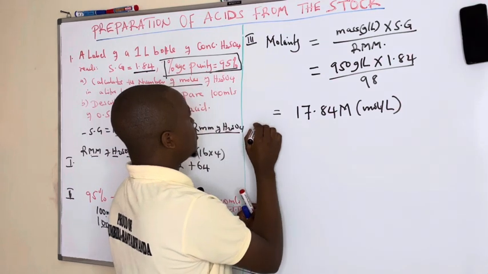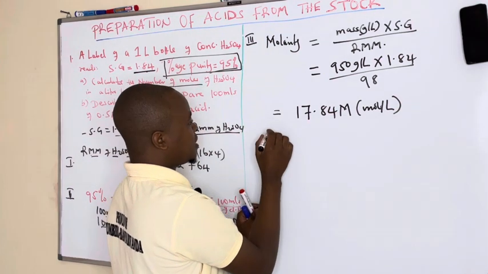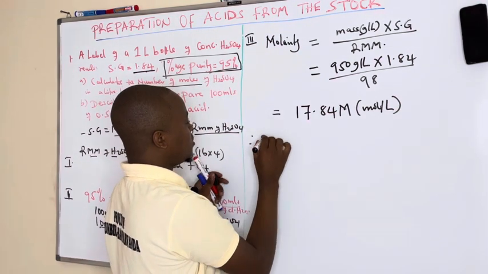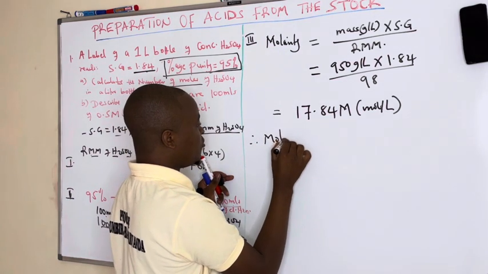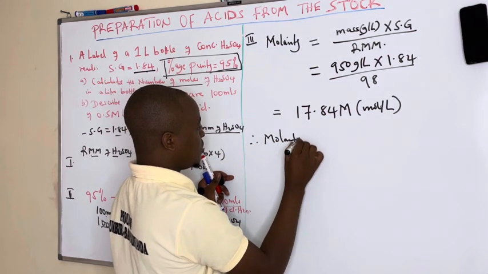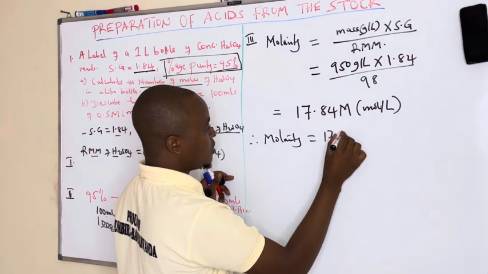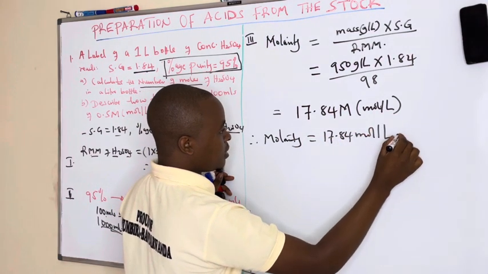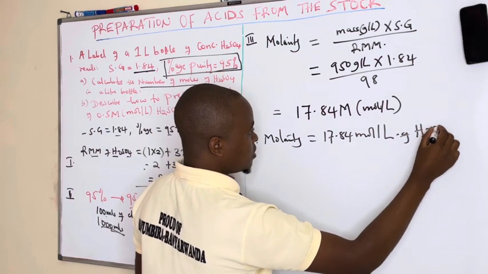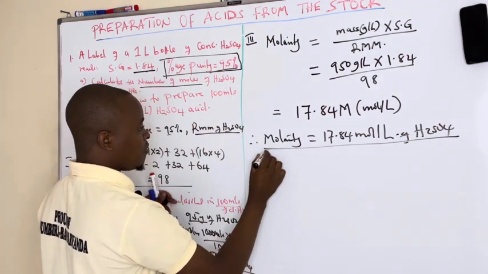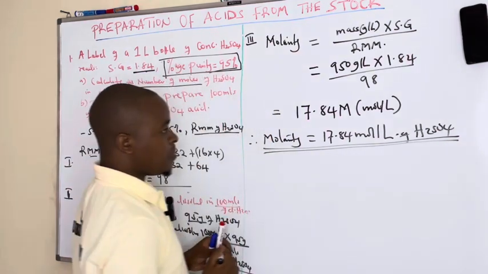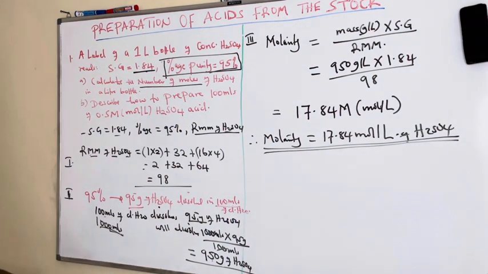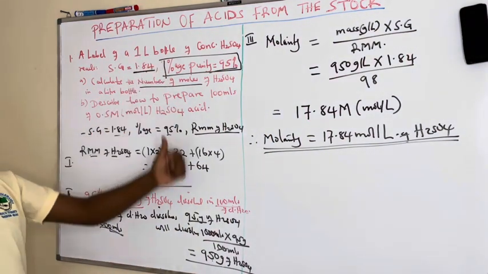So the molarity of sulfuric acid is 17.84 moles per liter. This answers our first question, which wanted you to calculate the number of moles in this 1 liter bottle.